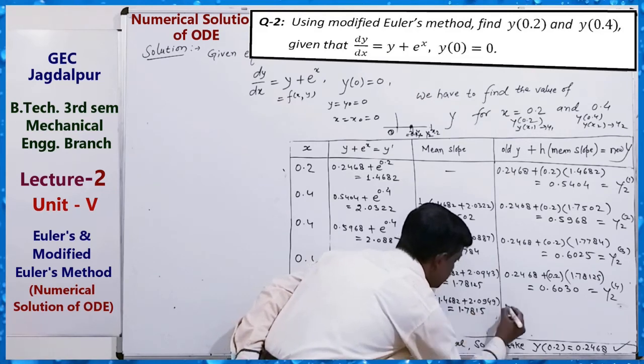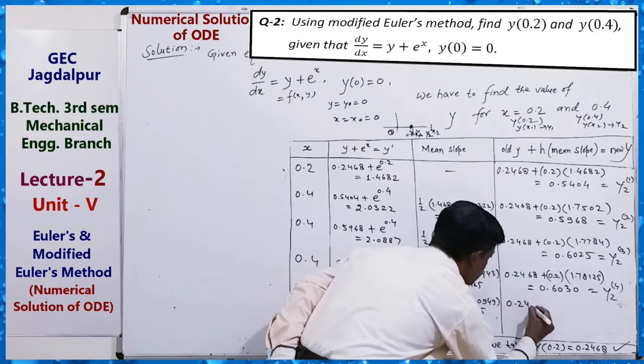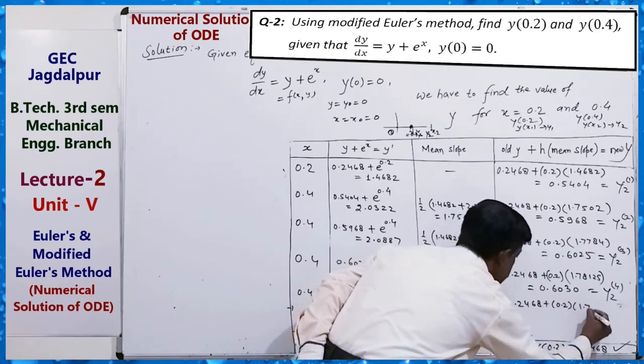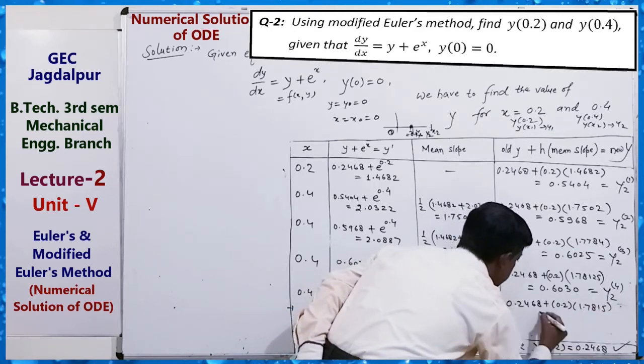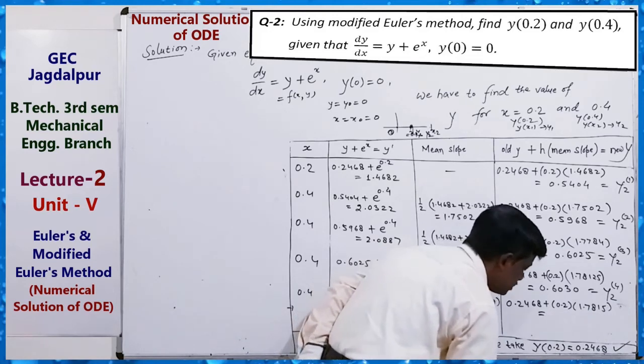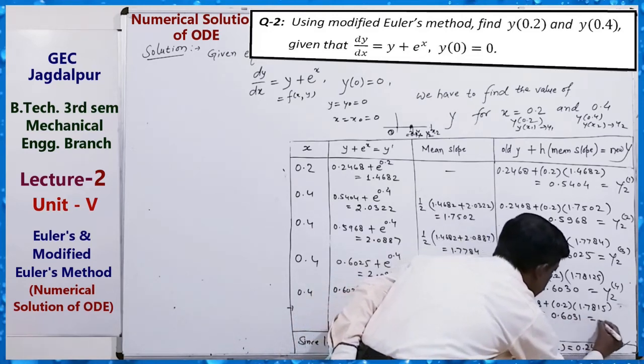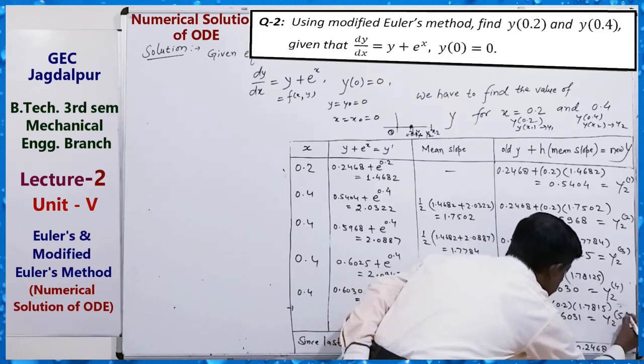Here common value 0.2468 plus 0.2 times 1.7815. This can be calculated: 0.6031. This is what? Y2, fifth approximation.